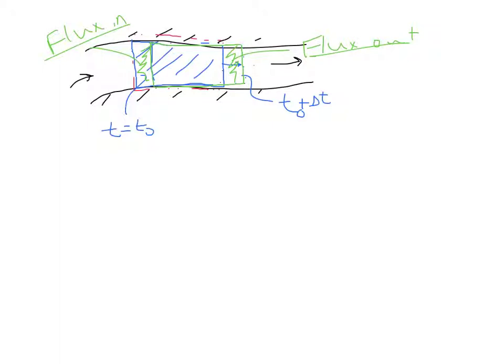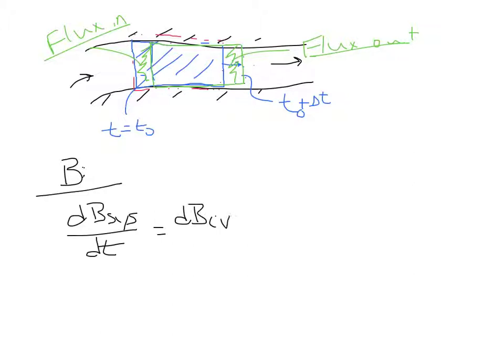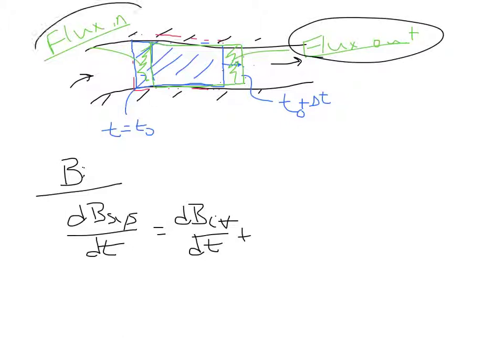The Reynolds transport theorem is really just about accounting for those fluxes when we're writing down our conservation laws. So for a quantity B, whatever that might be, it could be mass, momentum, energy, we can say that the time rate of change of B for our system is equal to the time rate of change of B for our control volume, plus accounting for those fluxes in and those fluxes out. And those fluxes in and out are going to be related to the velocity that's crossing the control volume.